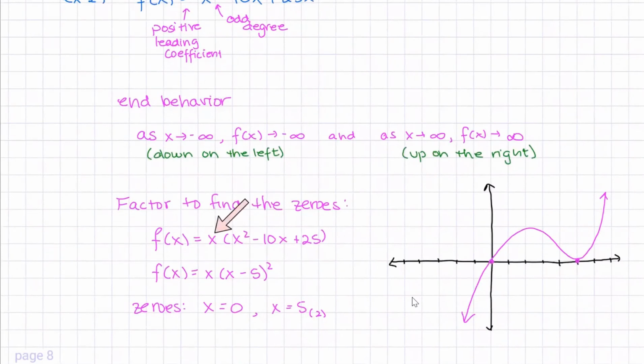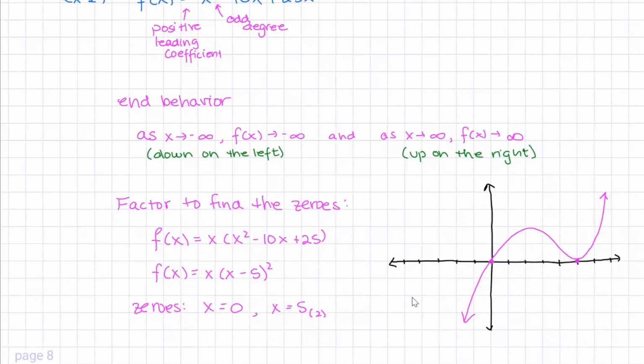There is a common factor of x, and then it's a quadratic that factors into this. So I have a 0 at 0 with a multiplicity of 1, and then a 0 at 5 with a multiplicity of 2. So it's going to bounce here. Putting the end behavior of down, up, along with the zeros, I wind up with something like that.